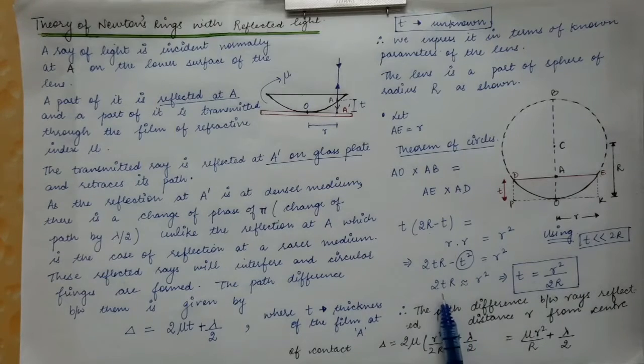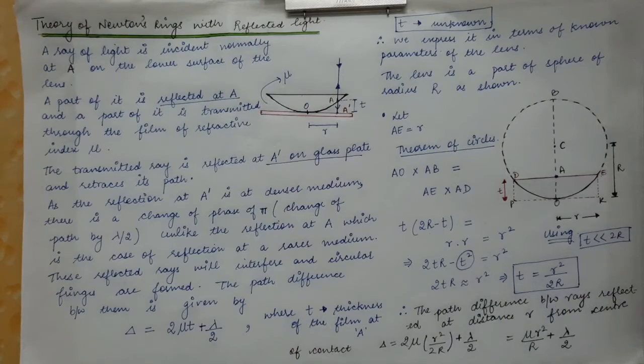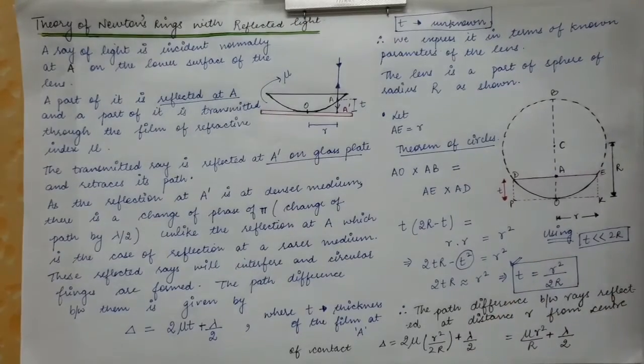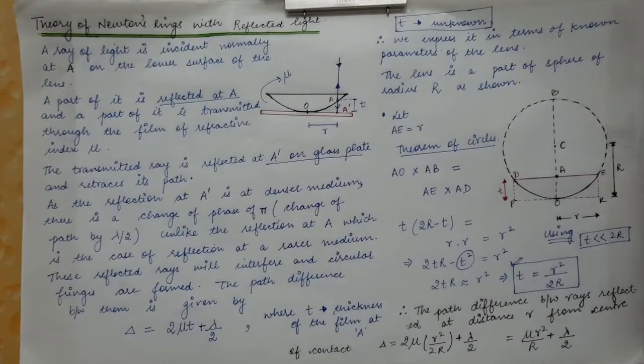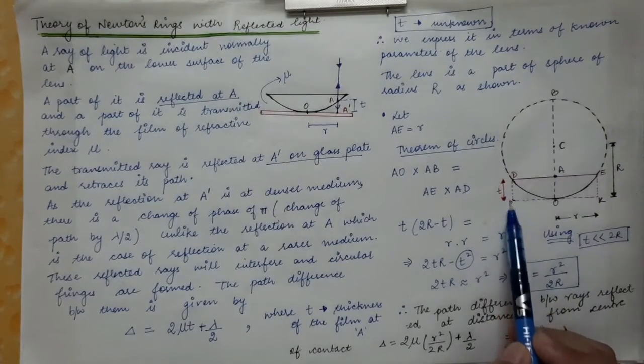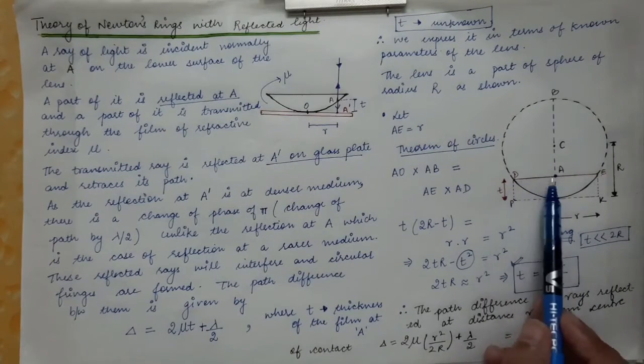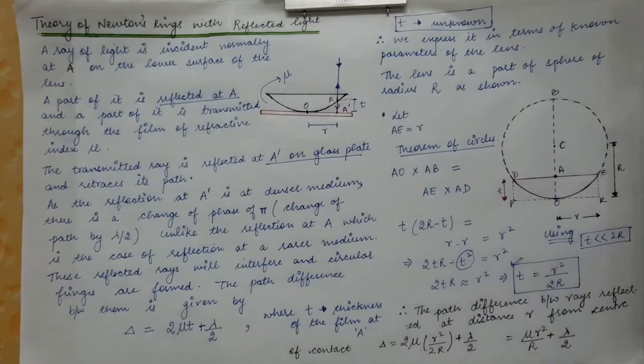From here we can evaluate the expression of t. So t will be equal to r squared divided by twice of capital R. This is the way of finding the expression of small t, the thickness of the air film, in terms of its distance from the point of contact and the radius of curvature.